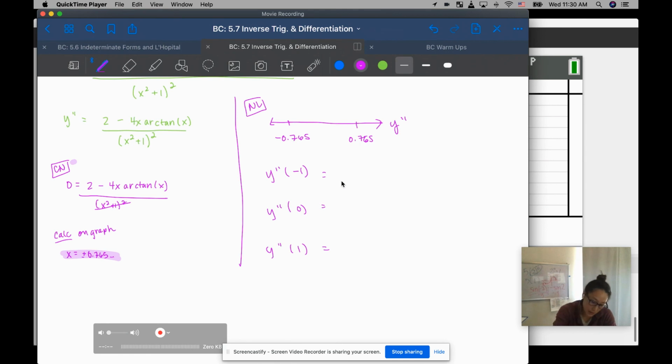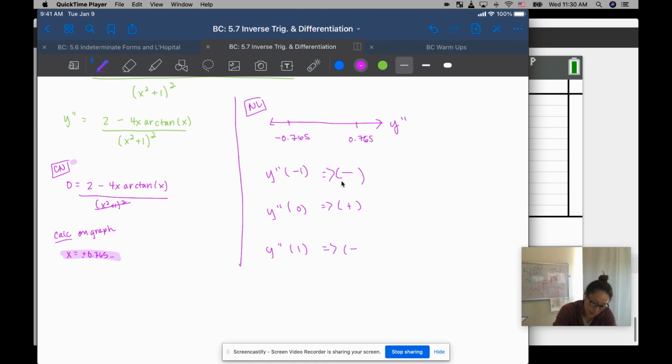Okay, so I get a negative, a positive, and a negative. So on my number line, the graph of y is concave down, concave up, and concave down.